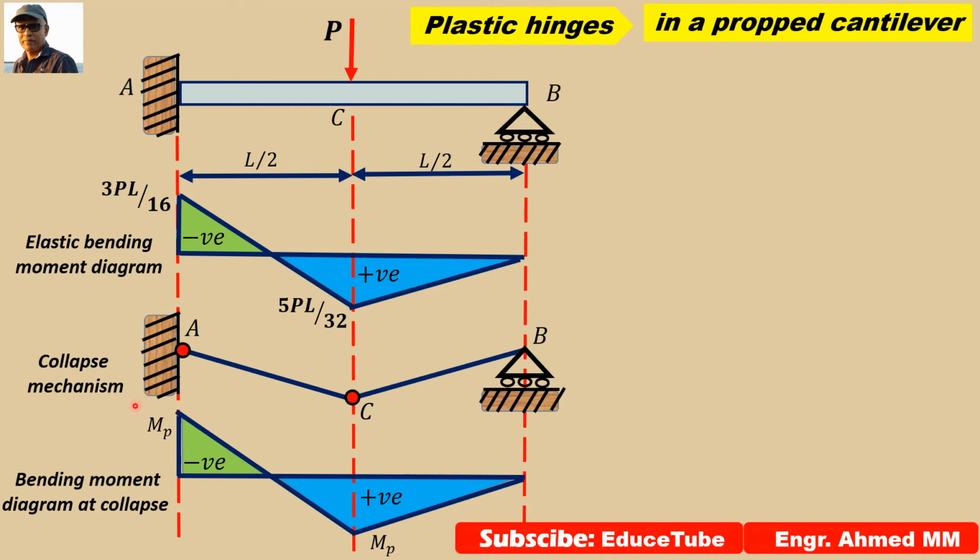Now further increase of this P will eventually result in the formation of the second plastic hinge at this position C. So in the same way, as this hinge is already formed, the moment here will be MP also, plastic moment.